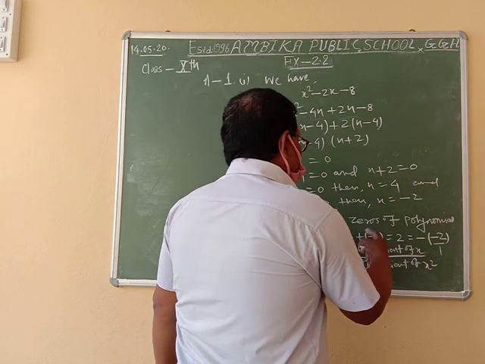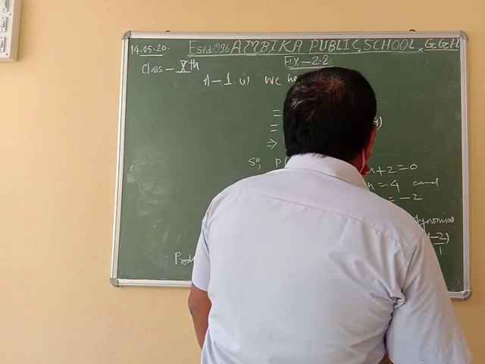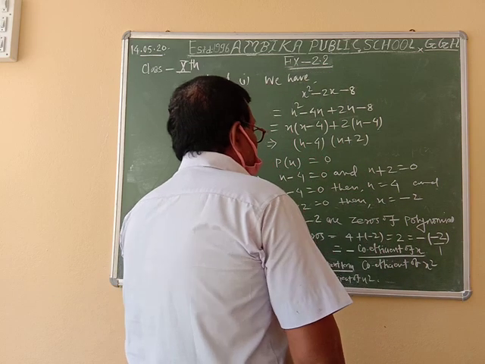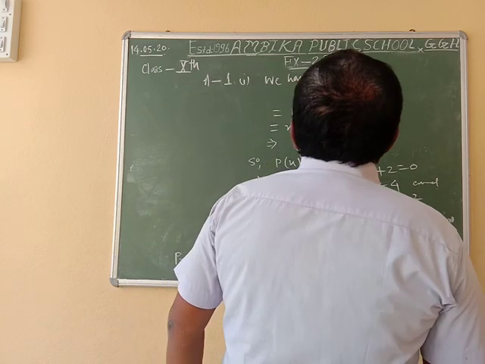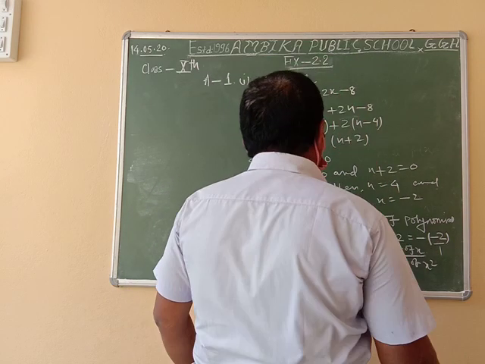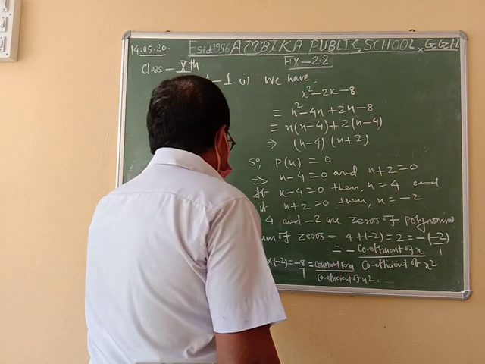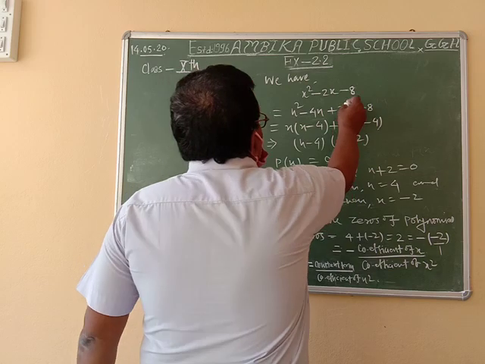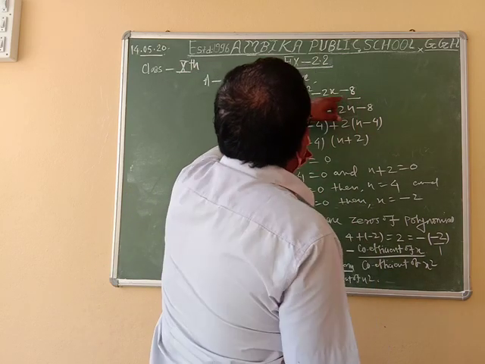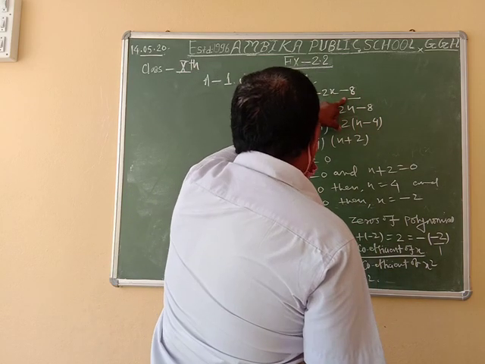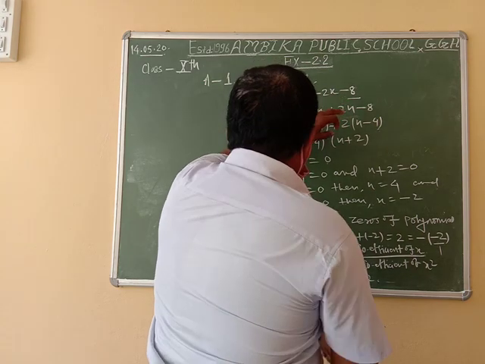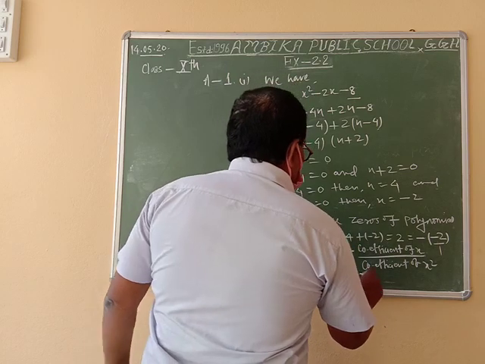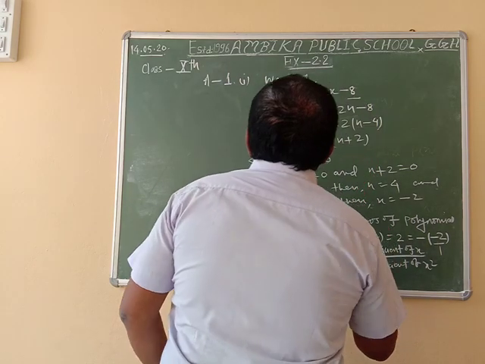So this is the relation between the zeros and the coefficient of x, and the product of zeros is equal to 4 into minus 2, equals minus 8. In polynomial p(x), minus 8 is the constant term by 1, and 1 is coefficient of x square. So relation is verified.